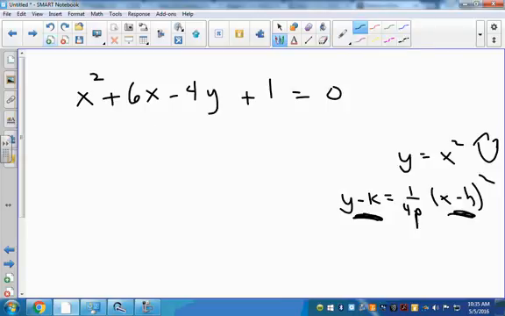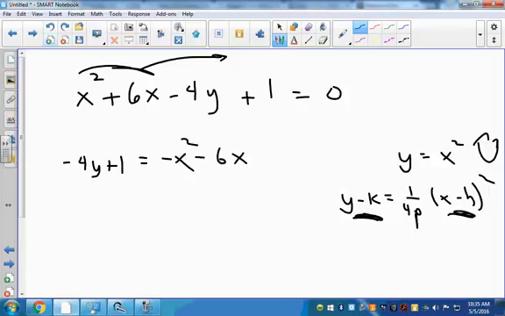So what I might do is take these guys and chuck them that way. So I have minus 4y plus 1 is negative x squared minus 6x, and then I don't like negatives anywhere, so multiply through, and I have 4y minus 1 is x squared plus 6x. So this is getting closer and closer to what I want.